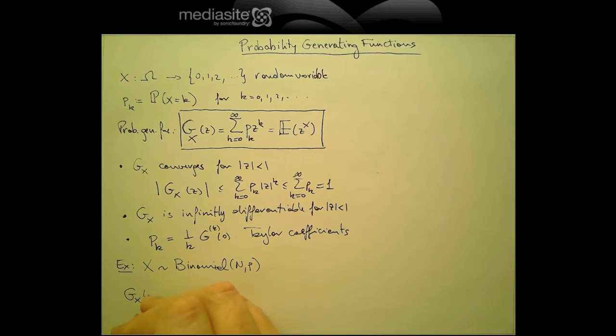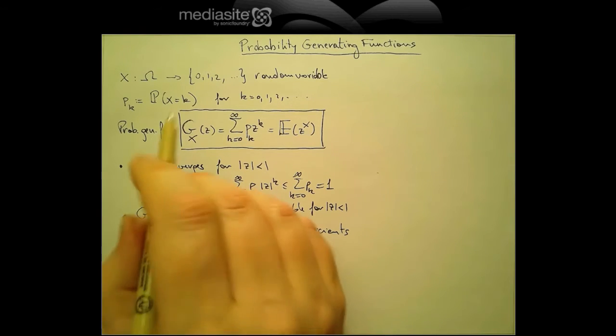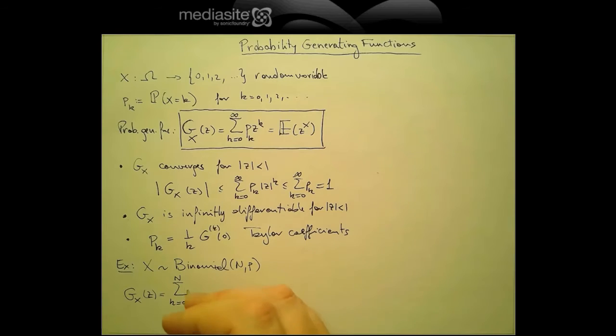Well, you have to sum from 0 to n, because that's the range of a binomial distribution, and then you have p_k z to the k. So p_k is n choose k p to the k (1 minus p) to the n minus k, times z to the k.